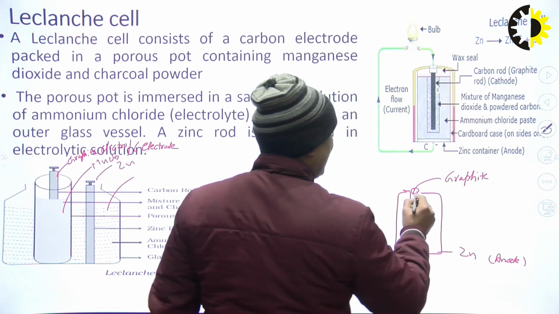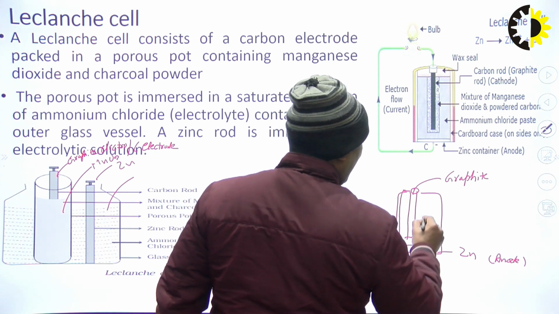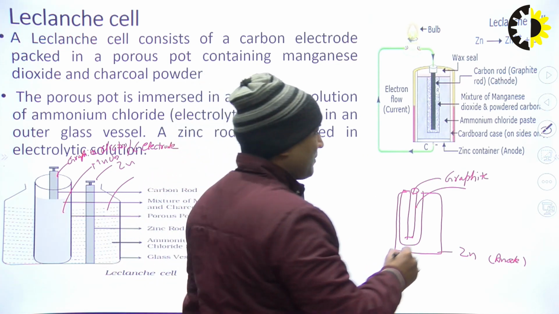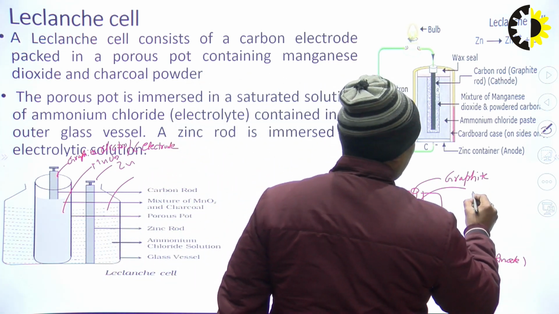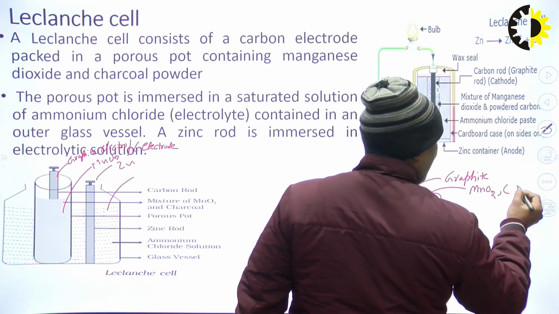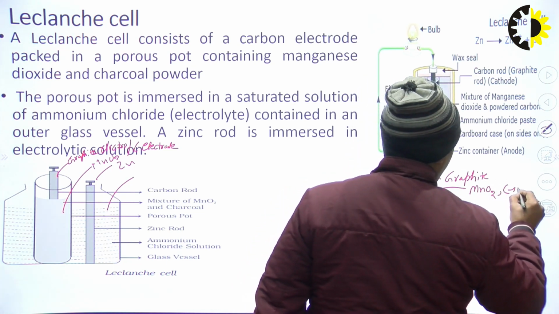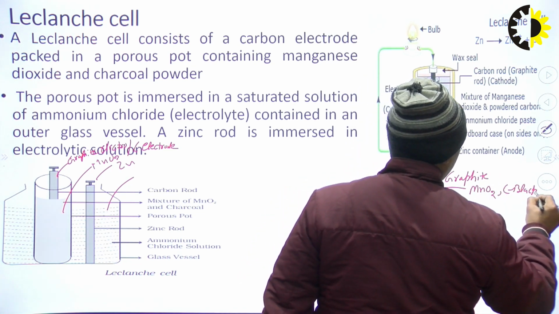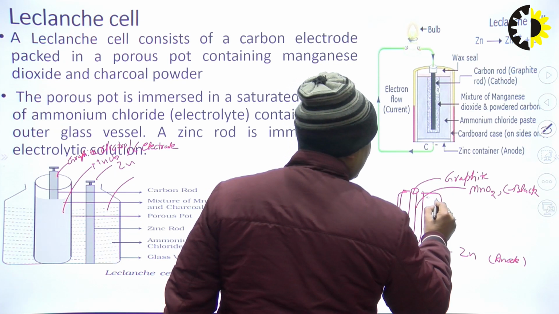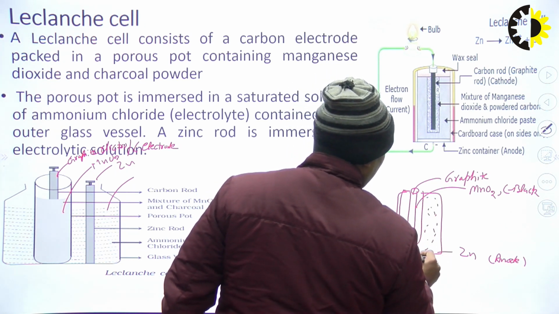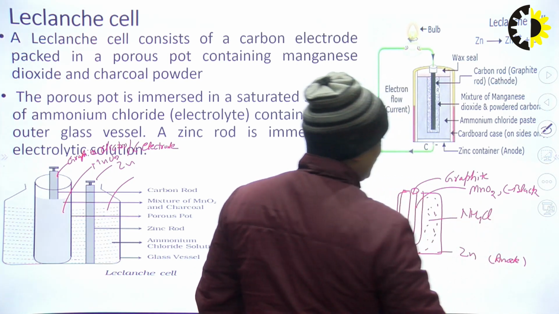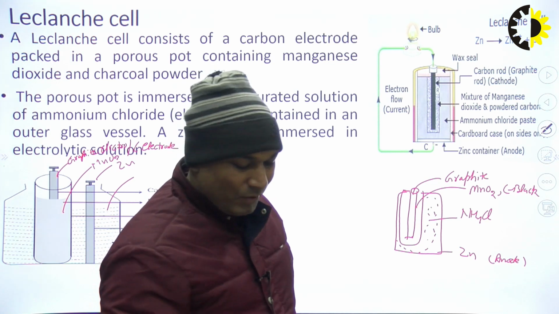This graphite electrode is surrounded by another powdered substance, which is a combination of manganese oxide and carbon black or charcoal. These two electrodes are submerged in ammonium chloride solution, which is a saturated solution of ammonium chloride.